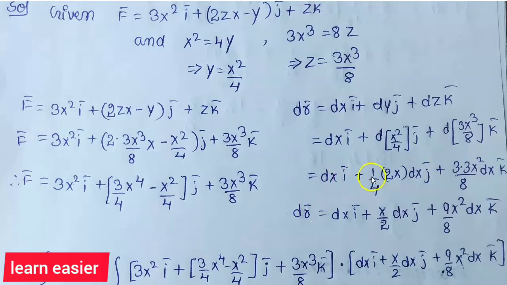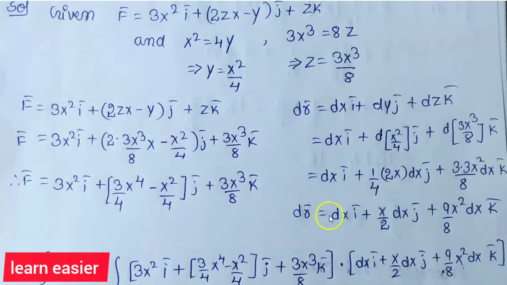Now dx into i bar plus, 1 by 4 is constant so that is written outside, and the derivative of x square is 2x into dx into j bar, plus here we have 3 by 8 written outside, and the derivative of x cube is 3x square into dx into k bar.